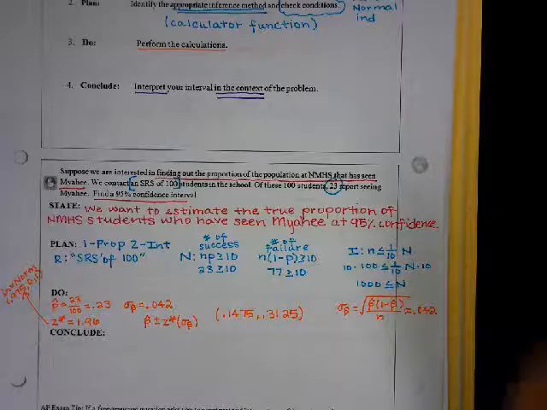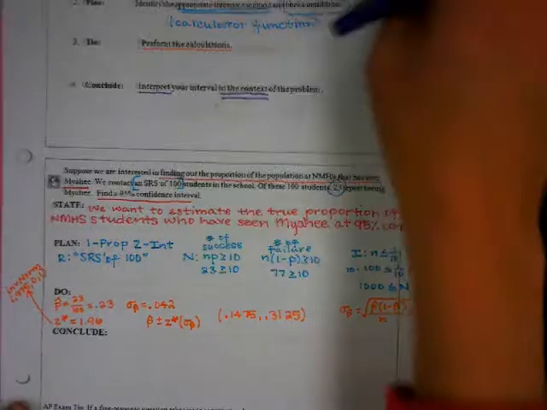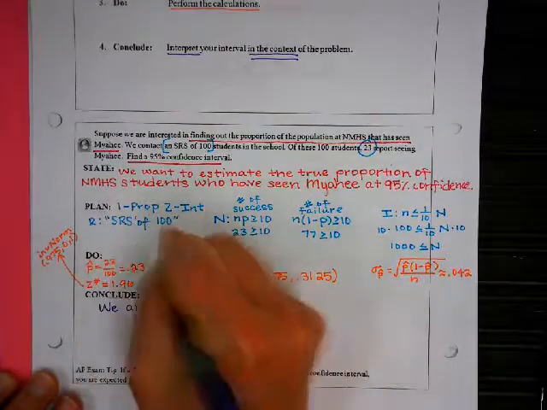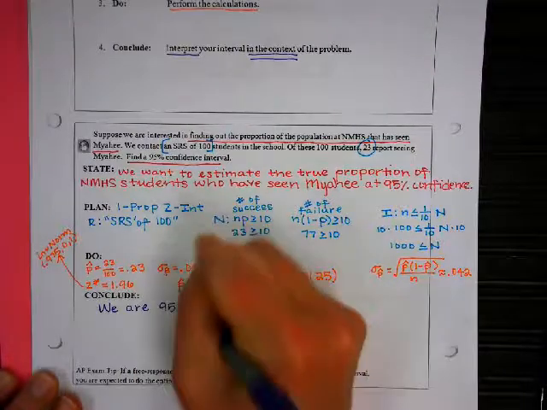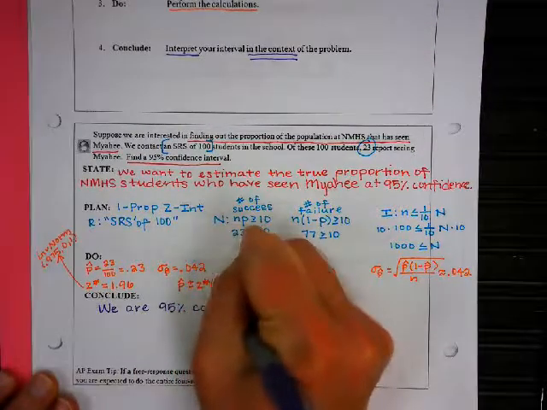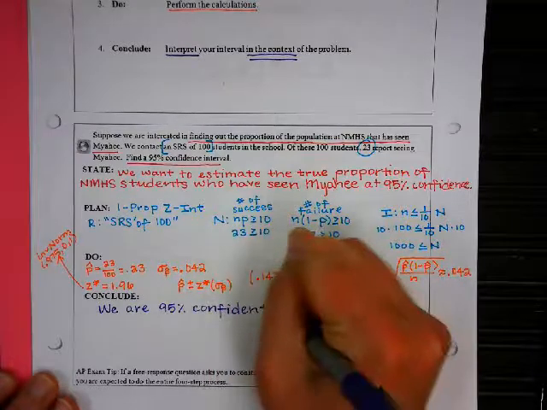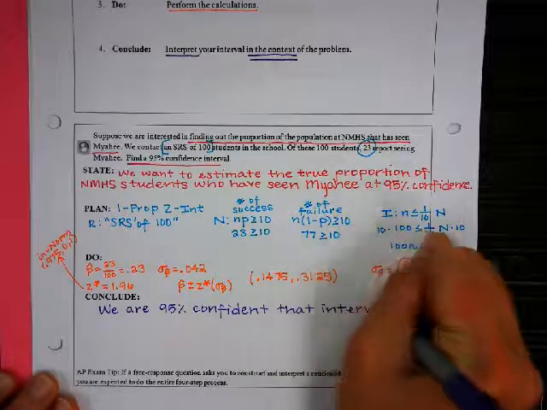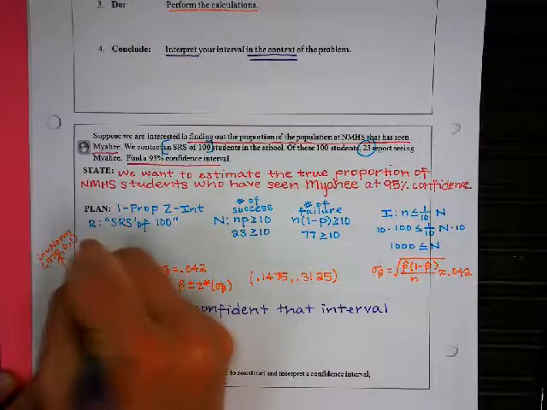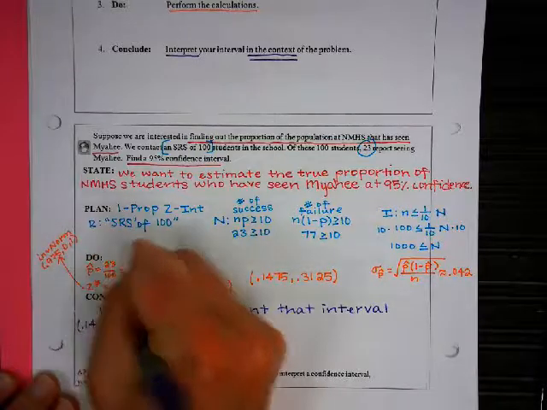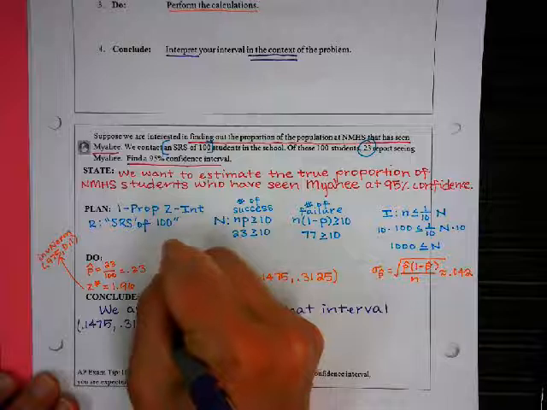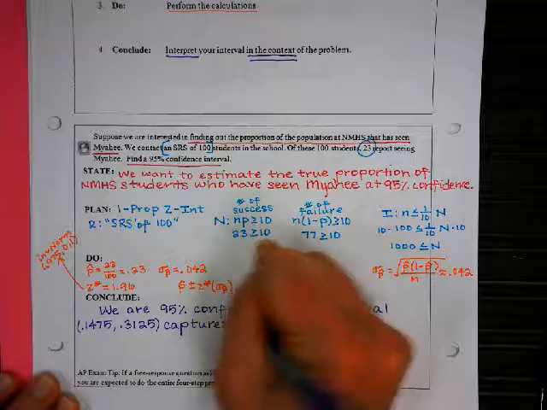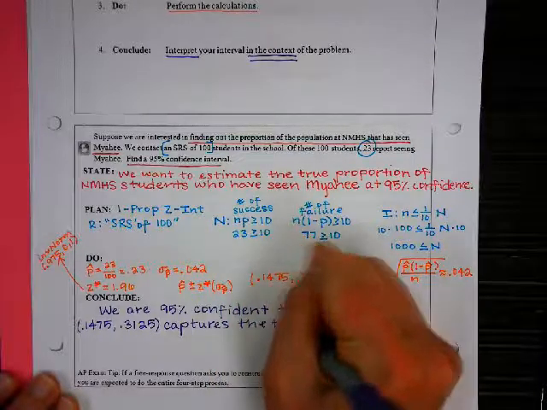We are 95% confident that the interval, and then give your interval, captures the true proportion of North students who have seen Maya He. Maya He, Maya.